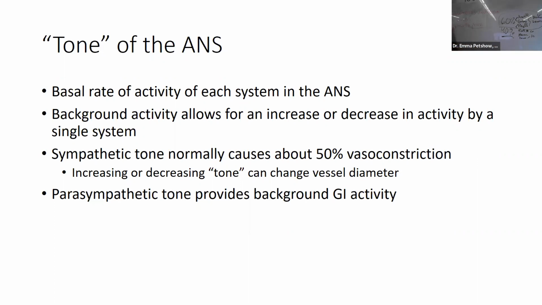It means it could vasodilate 50% more, or it could vasoconstrict even more, if we need to increase or decrease our sympathetic input. But at baseline, all of our blood vessels are about halfway constricted due to sympathetic tone. Our parasympathetic tone provides some background gut activity. So again, the tone is our balance, our baseline of what's happening in a normal balanced autonomic nervous system.